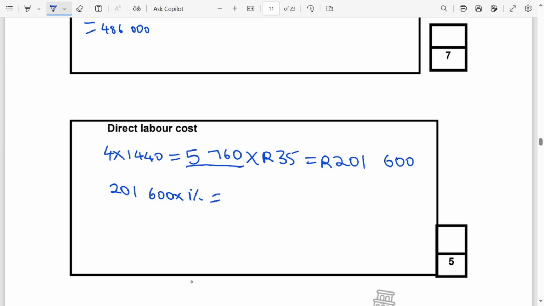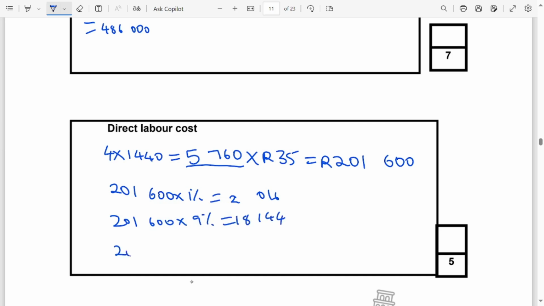201,600 multiplied by 1%. That is going to be 2,016. 201,600 multiplied by 9%. That is going to be 18,144.